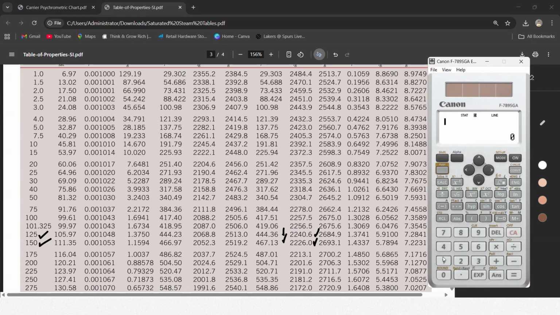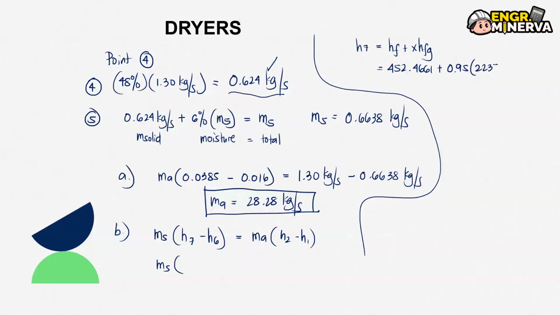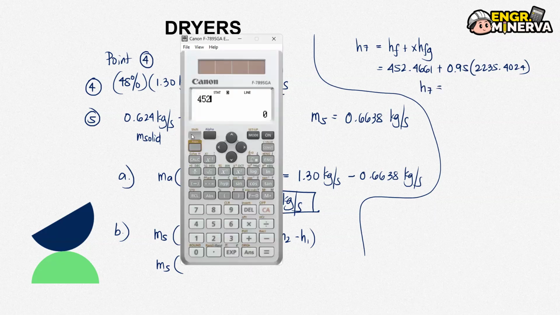Then let's get the value for 133.9. That would be 2235.4024. Then we can get the enthalpy at 7, which would be 2576.098.